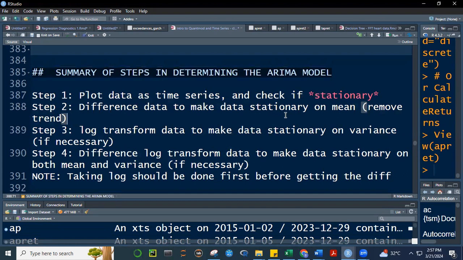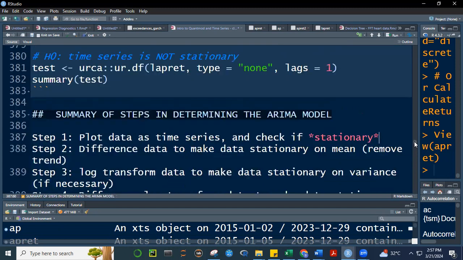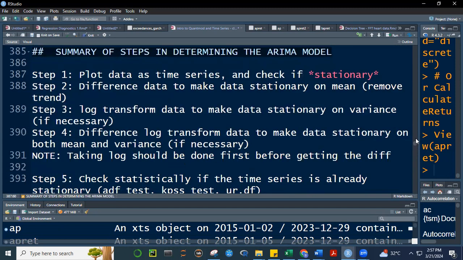Okay, so if the data is not stationary, we need to do transformation. So if we were modeling AP, the Apple data set, then we would have definitely, let me put it here.